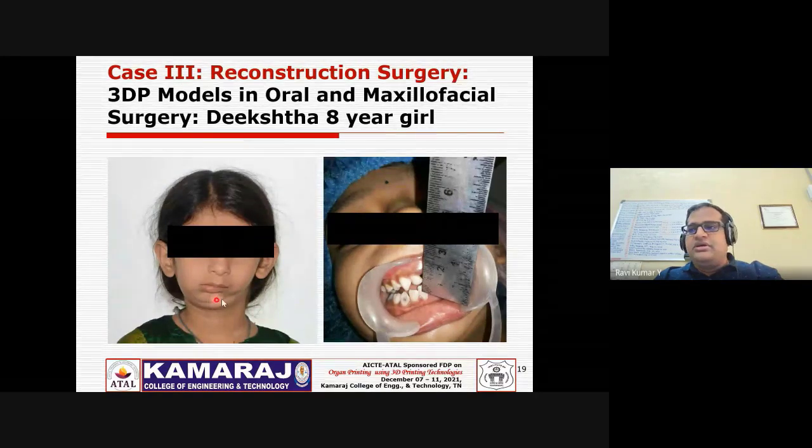We need to perform a bone reconstructive surgery to ensure that she gets a symmetric look of the facial region. Because of this defect, she could not even open her mouth. A normal opening is 4 to 5 centimeters, and she could not do that.